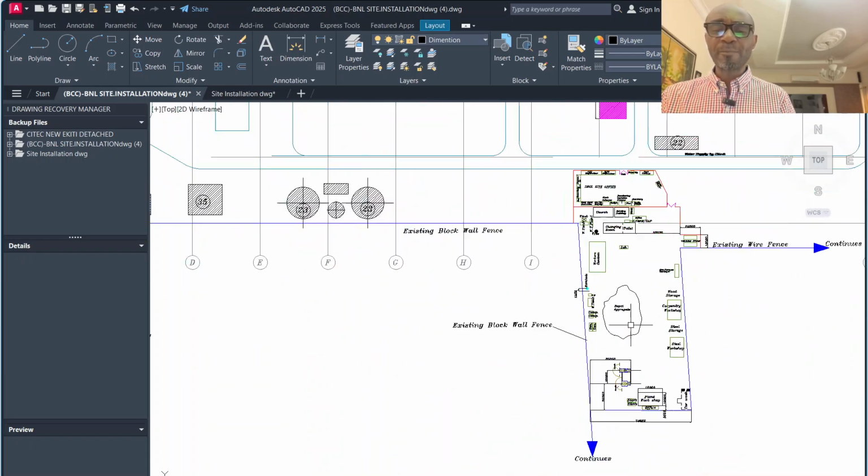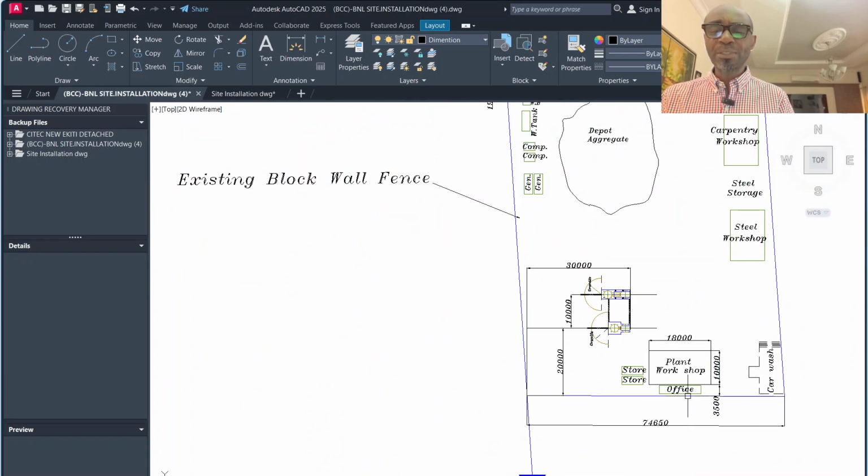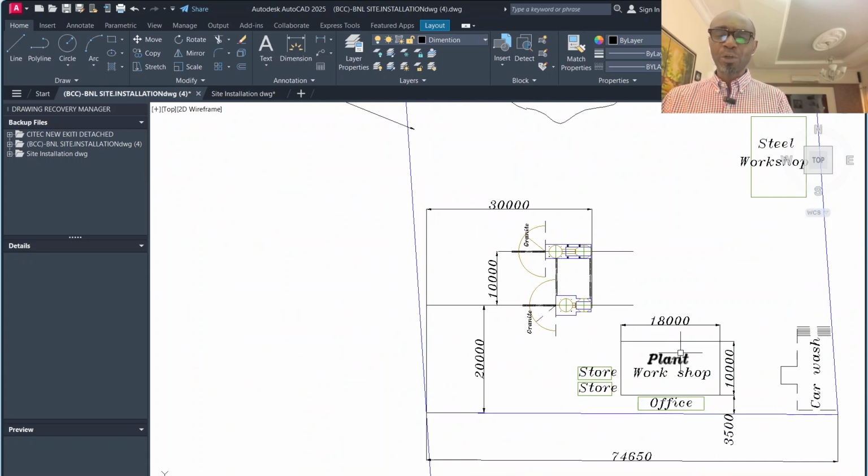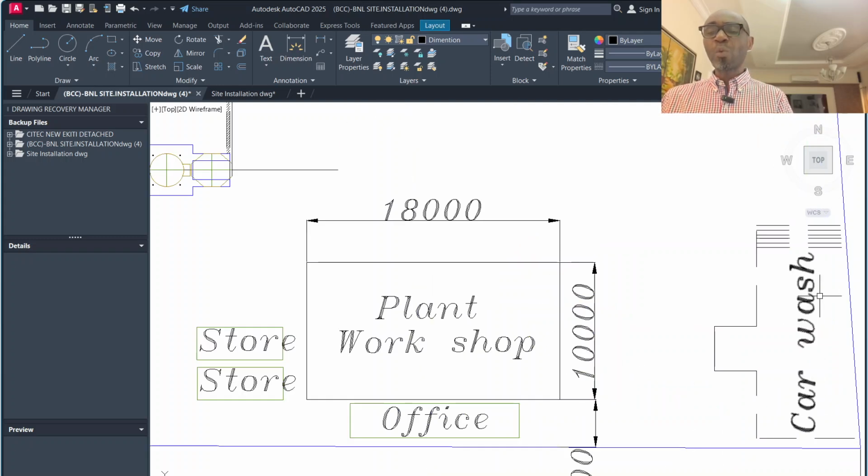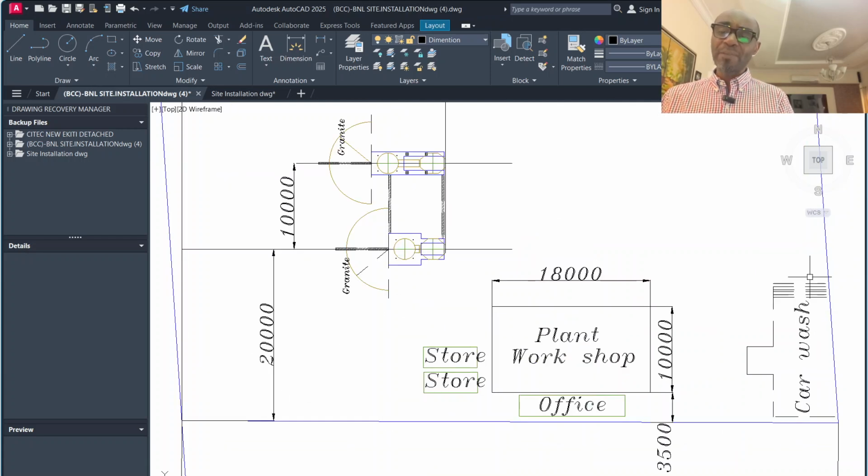So you can see all the arrangement up till you have the plant workshop, and the plant workshop has an office. It has two stores. These are empty containers of 40 feet or 20 feet, depending on the kind of materials that they need to stack there. You have a car washing area. Definitely this washing area is concrete. There's going to be a concrete slab.